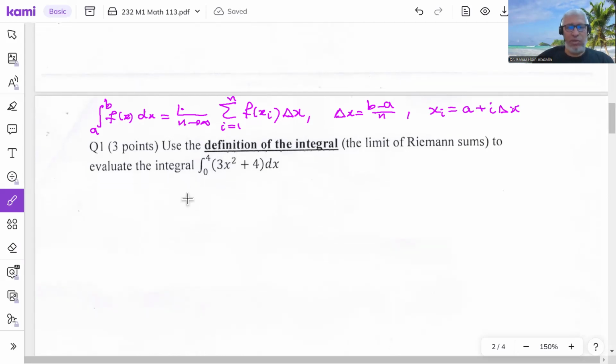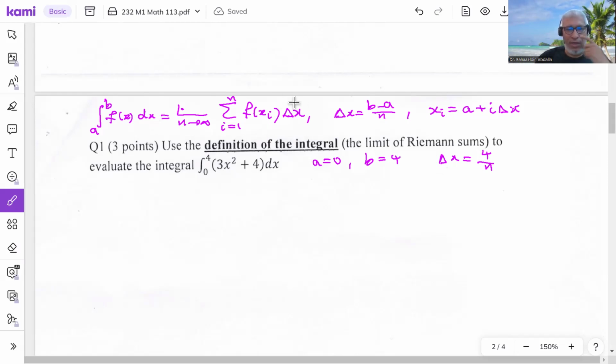So here, what is a in this question? a is 0, b is 4. So what would be delta x? It would be b minus a, so 4 minus 0, which is 4 over n. Notice that to evaluate the integral, I'm going to use this definition.